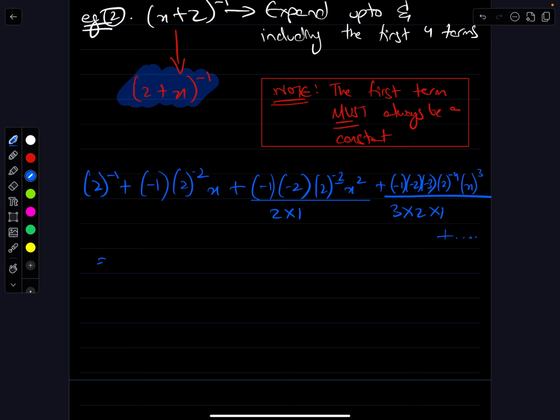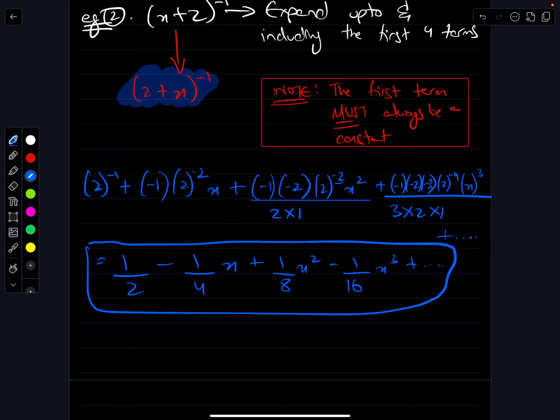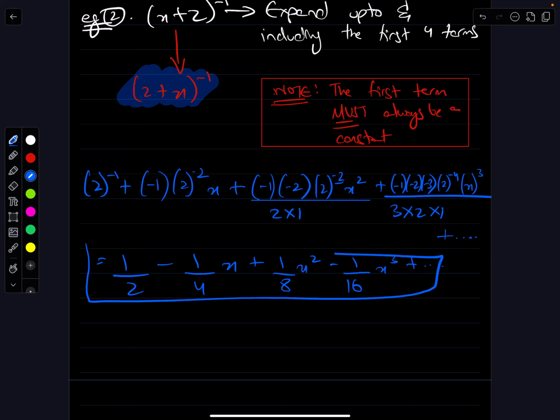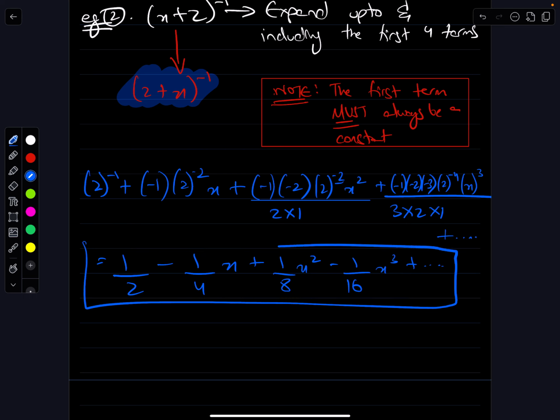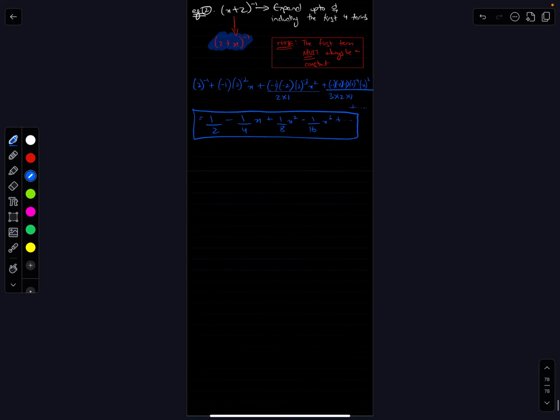And our final answer would be something like 1 over 2 minus 1 fourth x plus 1/8 x squared minus 1 over 16 x cubed and so on. I'll just leave this like this.